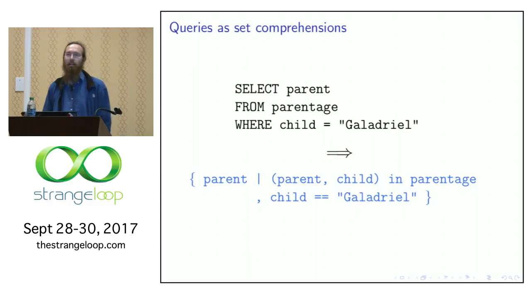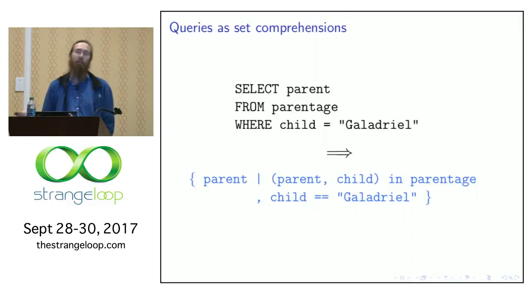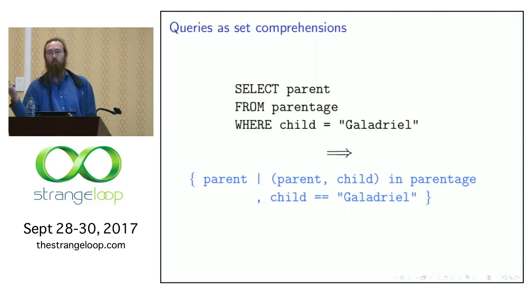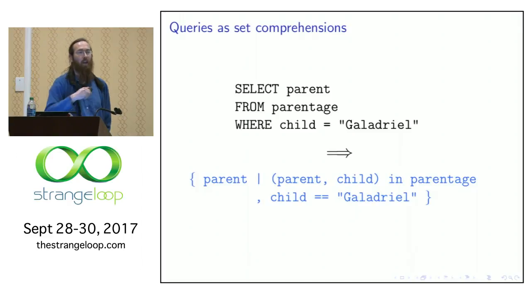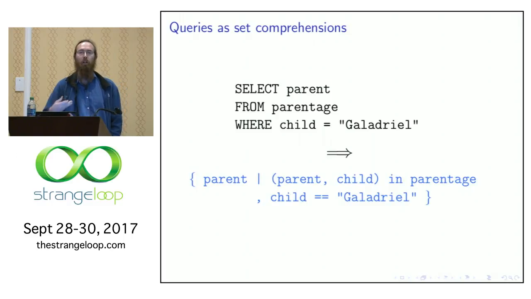And it's exactly the same idea, except instead of iterating over lists, we're iterating over sets, and instead of producing a list, we're producing a set, right? So suddenly order and duplicates don't matter. And my assertion is, anything that you do with a query in SQL, you can do with a set comprehension. And set comprehensions provide a very nice and natural way to express queries.